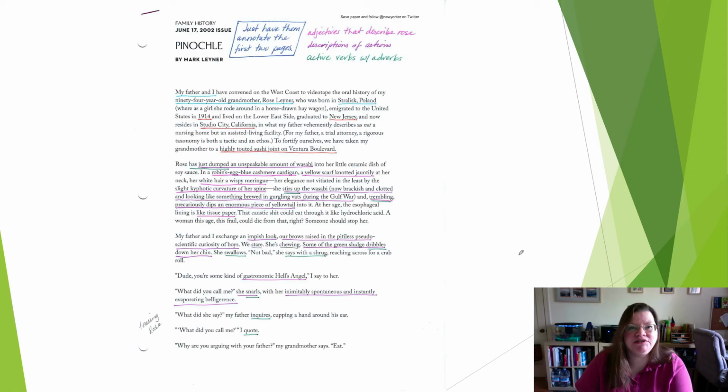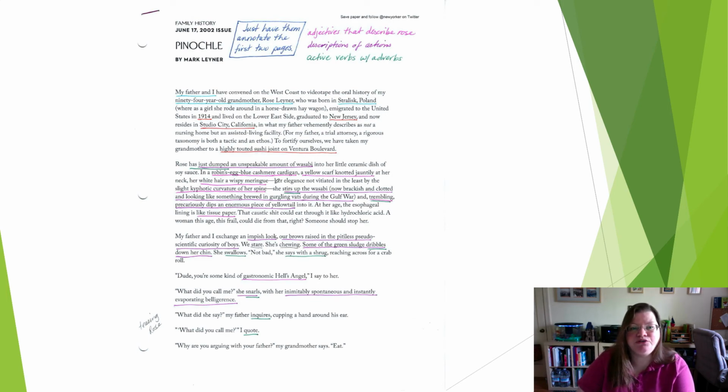So the adjectives and the active verbs with adverbs, descriptions of actions. I wanted students to annotate specifically for these particular things because they were looking at how to show versus telling in a story.